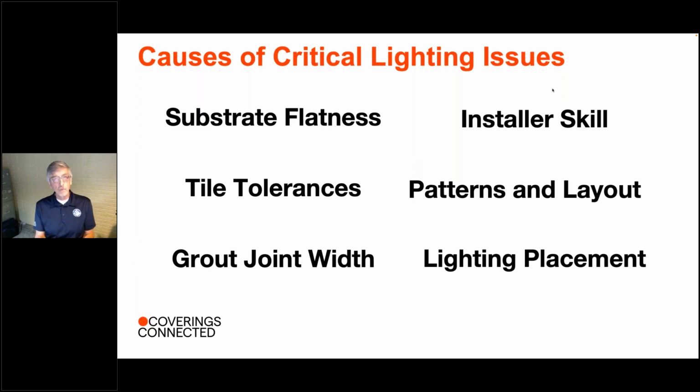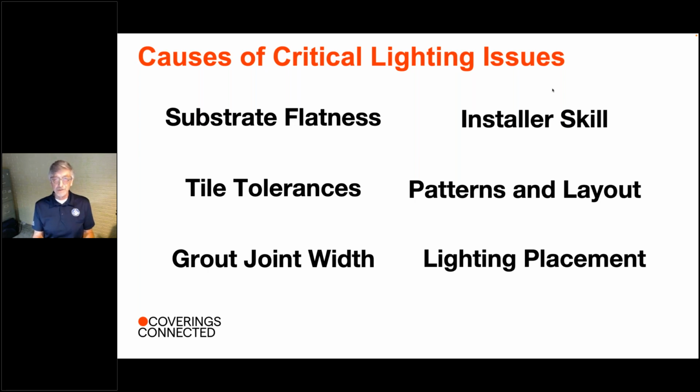We're talking about wedging, or how square a tile is, and warpage, how flat a tile is. Warpage is measured in a couple of directions, along the edge and diagonally. Those things, how square a tile is and how flat it is, have a tremendous effect on whether critical lighting will cause shadows across the surface of the tile.